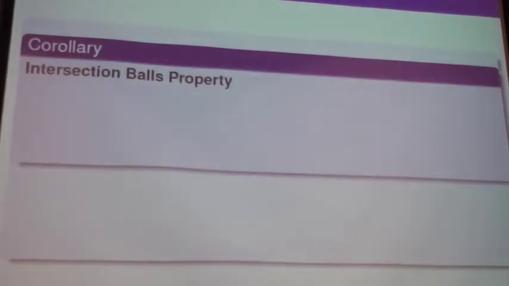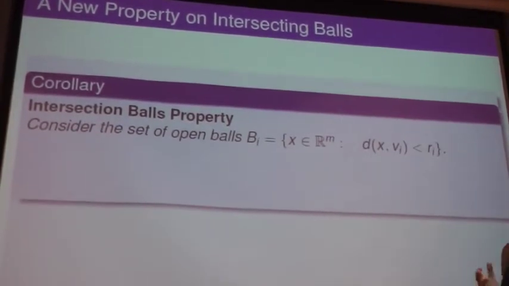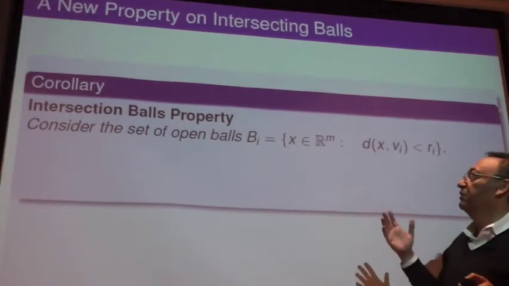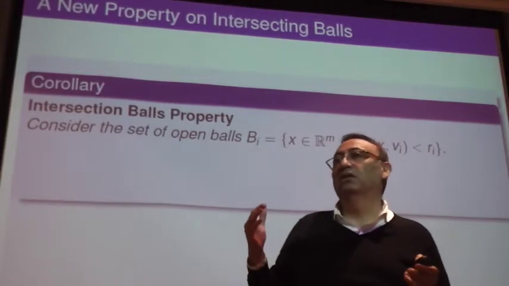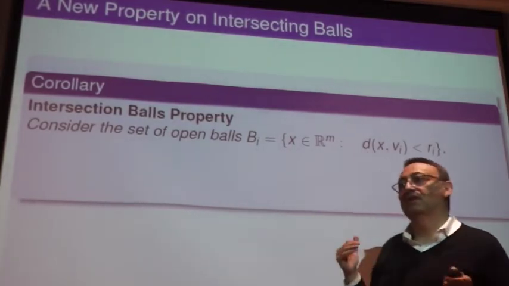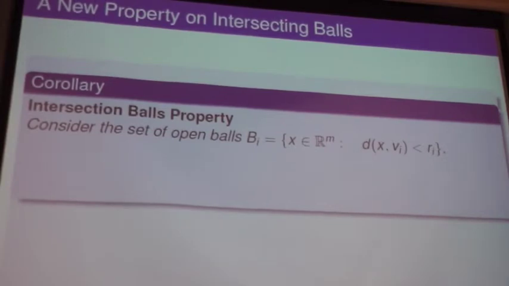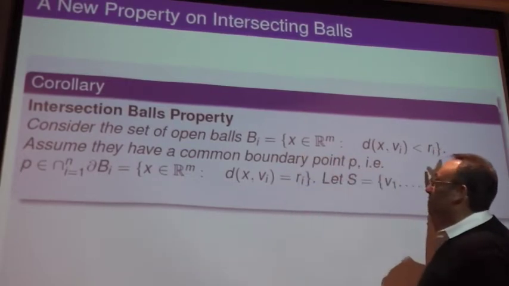And the corollary of this is really a new problem, what I call the intersection balls property. Actually, this problem came up in the context of research that I started with a computer science student, David Menendez, and a math graduate student, Ross Berkowitz. And we have, in fact, a paper on something else not related to this convex hull, called forbidden zones. But that's another story. So suppose that you take a set of open balls.